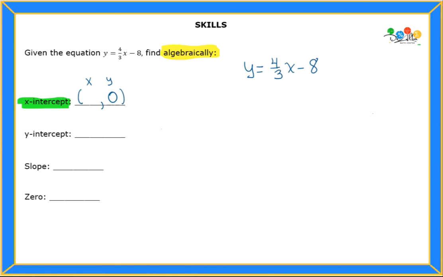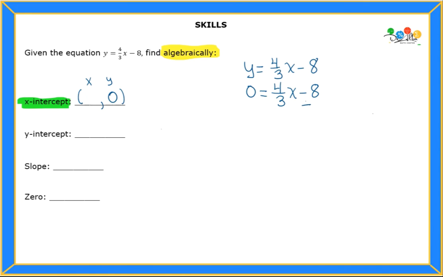So we can use that to replace it in my equation of the line, which is in slope-intercept form. I'm going to replace y with a 0 and continue my problem, 4/3 x minus 8. Algebraically, I'm going to leave x by itself, which will give me the coordinates for the x on my x-intercept.